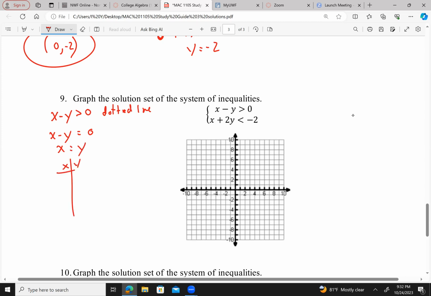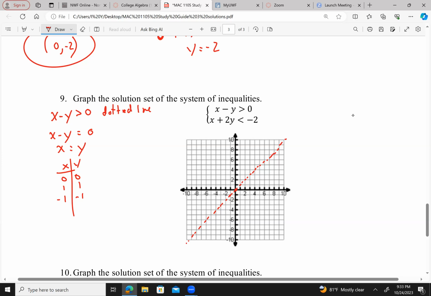So if x is 0, y is 0. If x is 1, y is 1. If x is negative 1, y is negative 1. So essentially I'm looking at this. Now the problem is my 0, 0 is on that line.